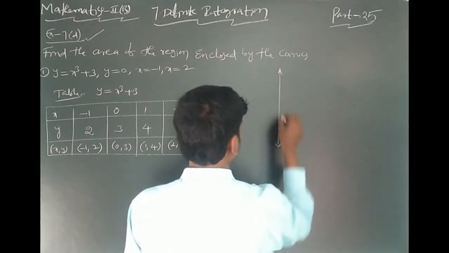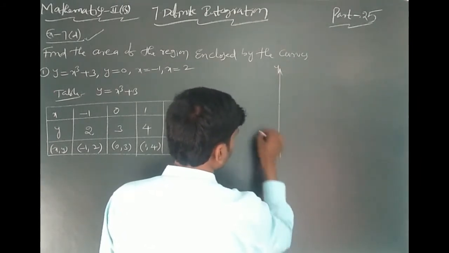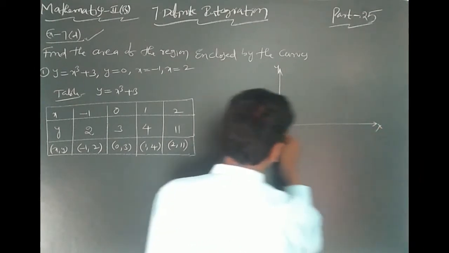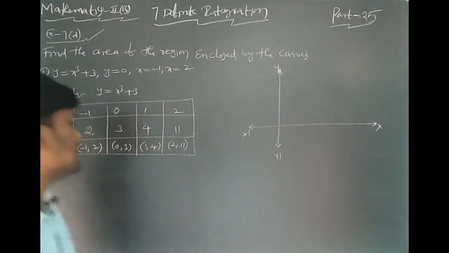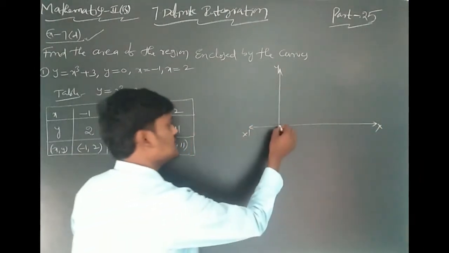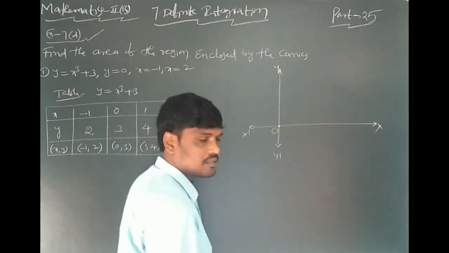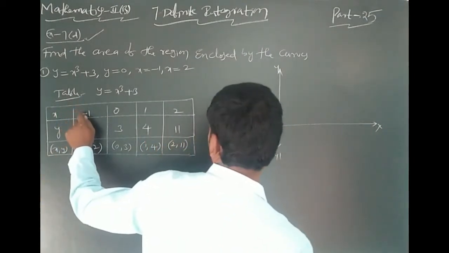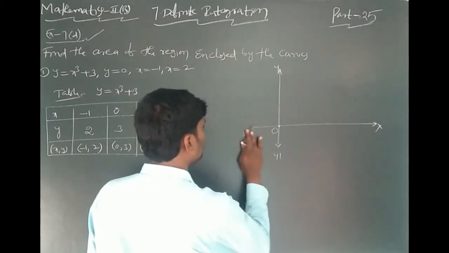This one is the y-axis and this one is the x-axis. In the x-axis, this is the intersection point, the origin. You have to take the interval minus 1, 0, 1, 2.